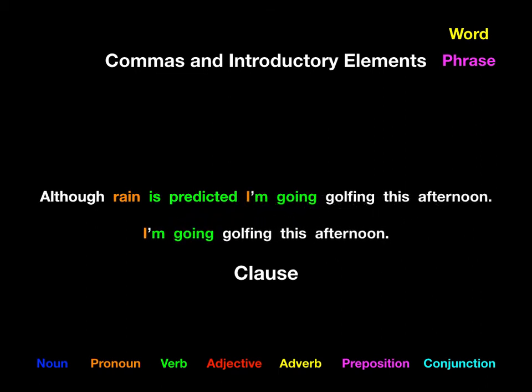"I'm going golfing this afternoon" has both a subject, a verb, as well as a complete thought. "Although rain is predicted," while it possesses a subject and a verb, does not possess a complete thought and is therefore our dependent clause. We then know that we need to place a comma after this introductory dependent clause. Although rain is predicted, I'm going golfing this afternoon.